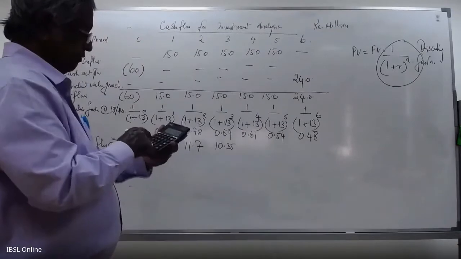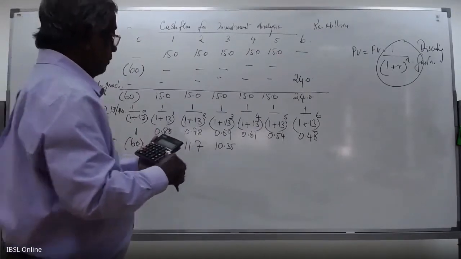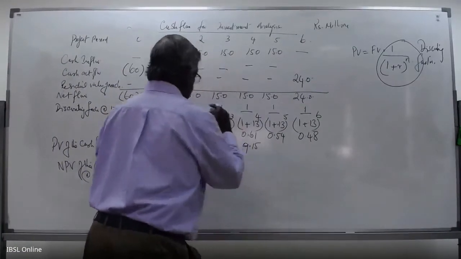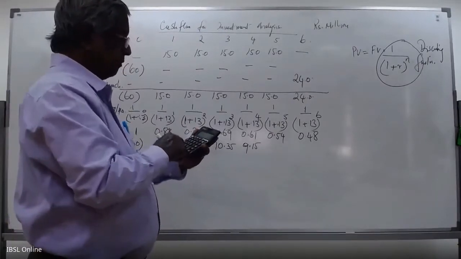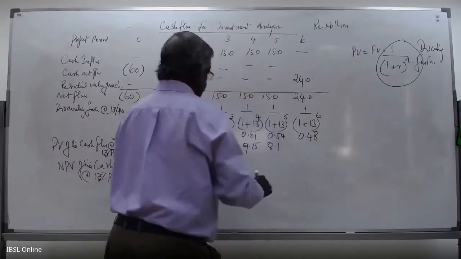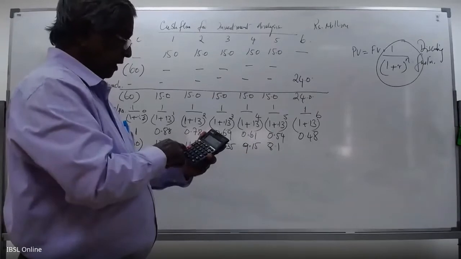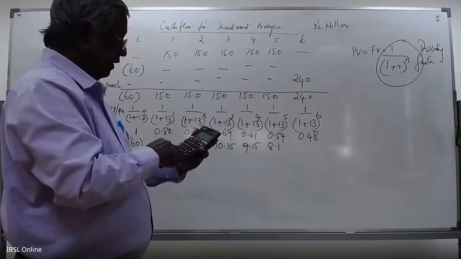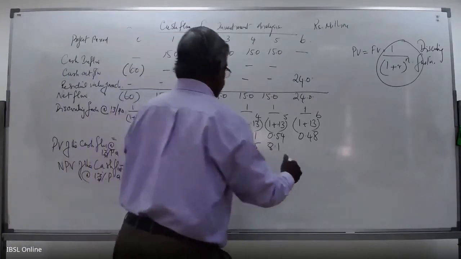Multiplied by 0.61, 9.15. Multiplied by 0.54, 8.1. Multiplied by 0.48, sorry, 24 multiplied by 0.48, 11.52.